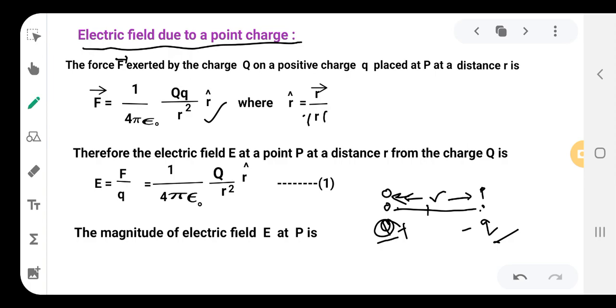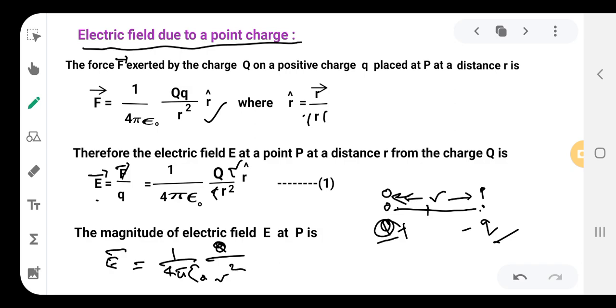Then the electric field E vector, in vector form, is equal to F by q. So 1 by 4 pi epsilon naught, Q times q by r square, where the q by q gets cancelled. What remains is E equal to 1 upon 4 pi epsilon naught, Q by r square.